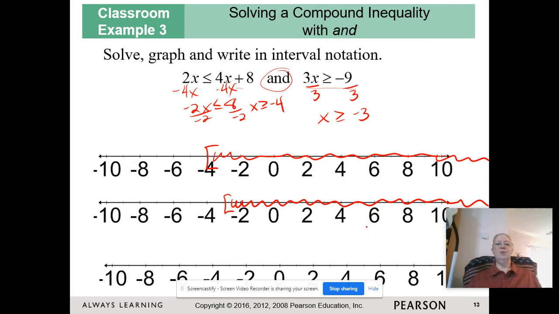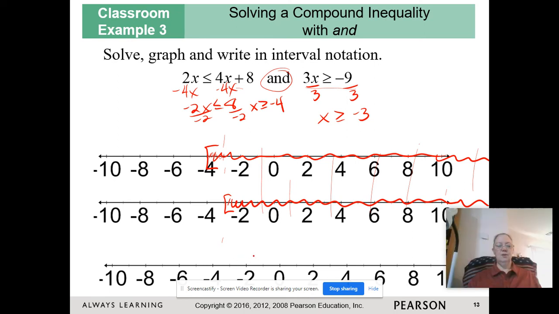Okay, I'm looking for the overlap. Where did we shade both number lines? Did we shade both number lines between -4 and -3? No, we only shaded the top number line between -4 and -3. But if you look right here, I've shaded both number lines all the way down.